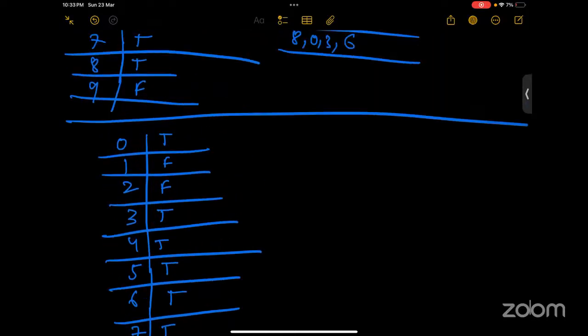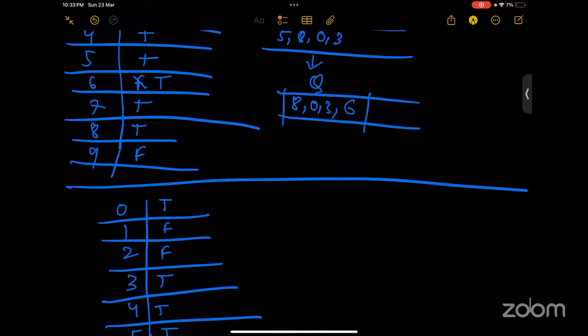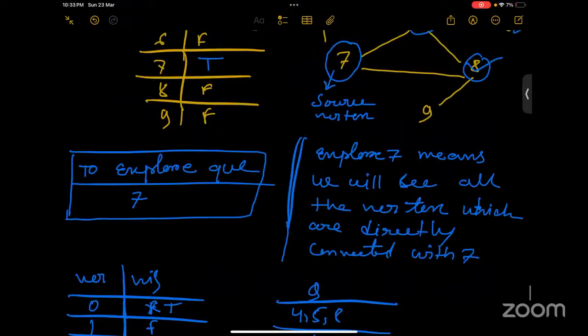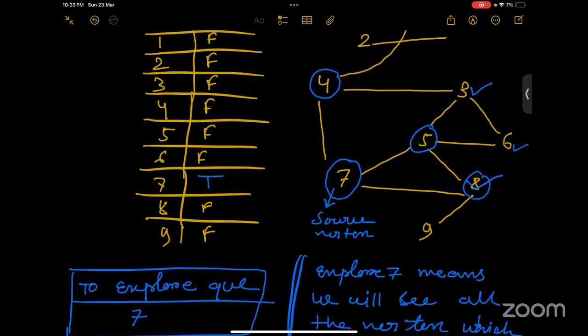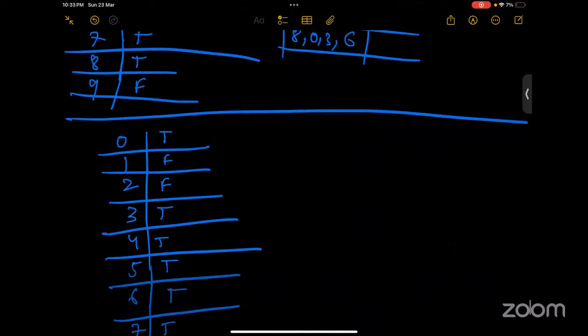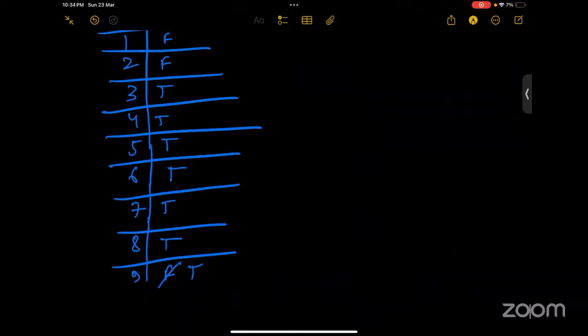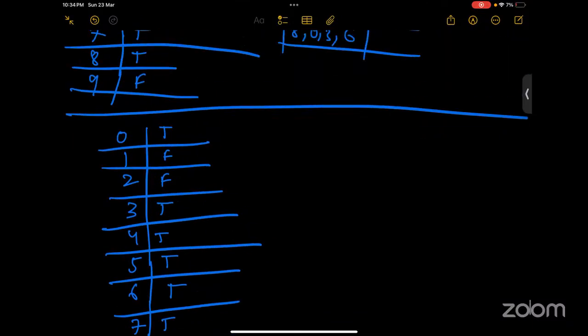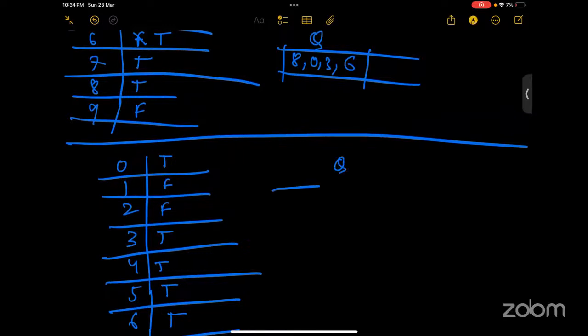This is our queue. That means we will explore 8 now. If I explore 8, we have to visit 9, so this will be true. We will visit 9, and in our queue we will add 9. So we have 0, 3, 6, and we add 9. This is our updated queue now.